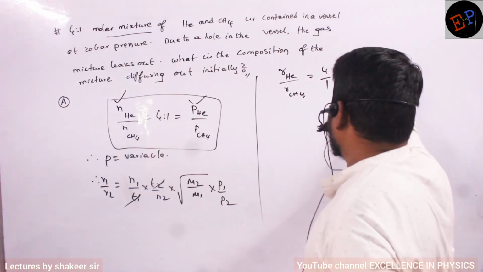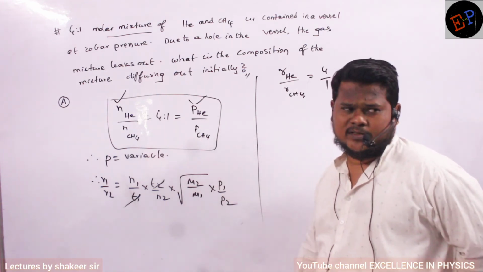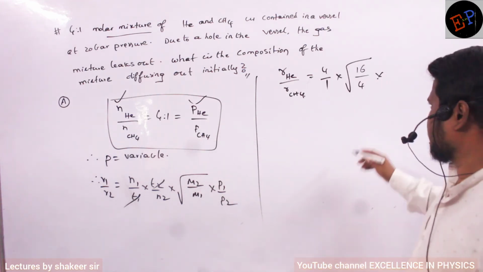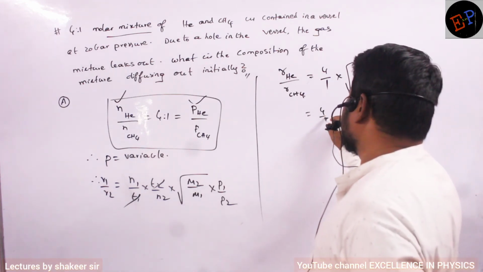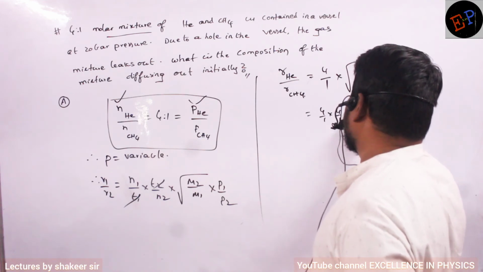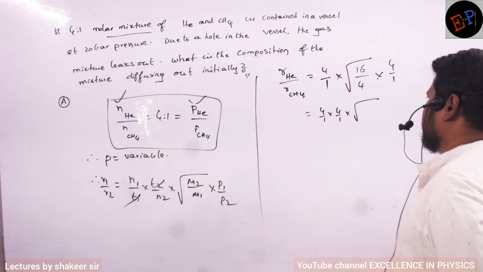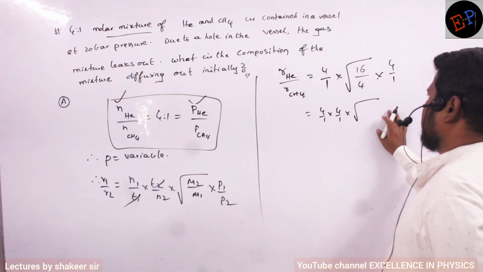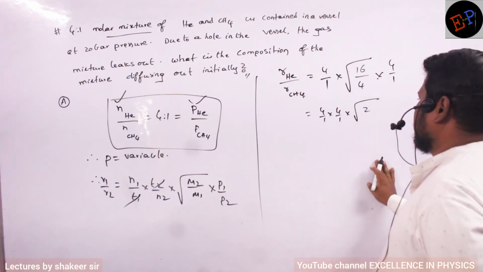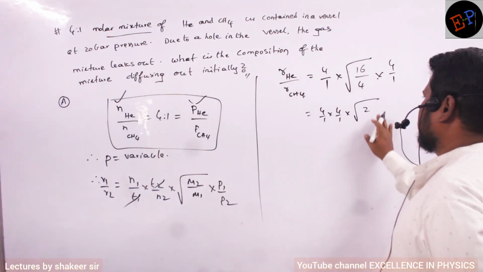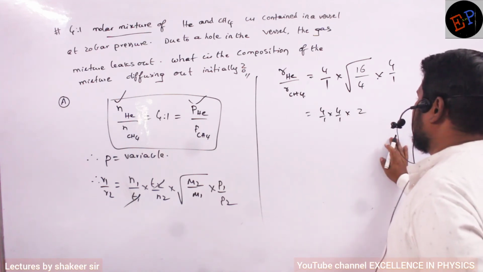Multiplied by P1 by P2, same as N1 by N2, because we already discussed that concept, so again 4 divided by 1. So 4 by 1 multiplied by 4 by 1 multiplied by 2. This is what I will get now.